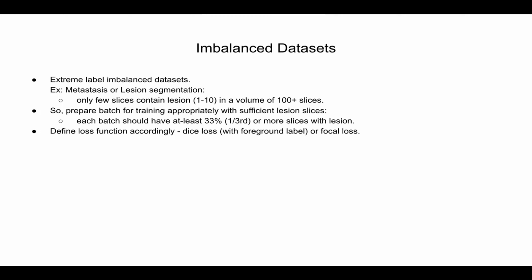So when you prepare your batch for the training, you want to ensure that you don't pick all the slices randomly, because that will make sure that most of the batch does not have any slices containing your lesions. So you want to explicitly ensure that you have these slices, at least a third or more, in your batch. And again, since this is an imbalanced data set, you want to choose your loss function accordingly, like a dice loss or a focal loss.